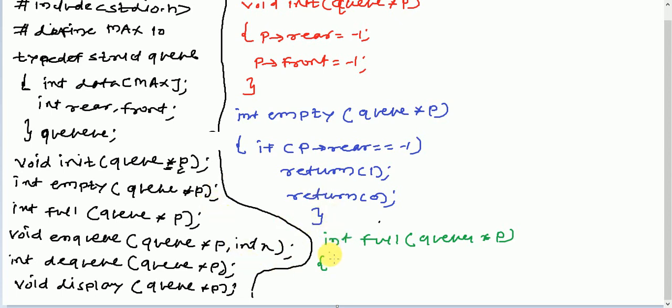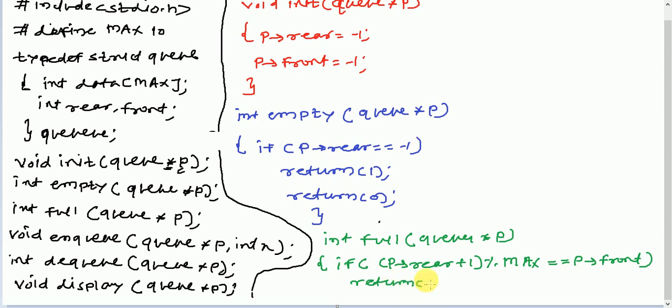The condition is: if P of rear plus 1 mod max is equal to P of front, then we say the Q is full. At that time we will return 1, else we will return 0. This is very important: P of rear plus 1 mod max.